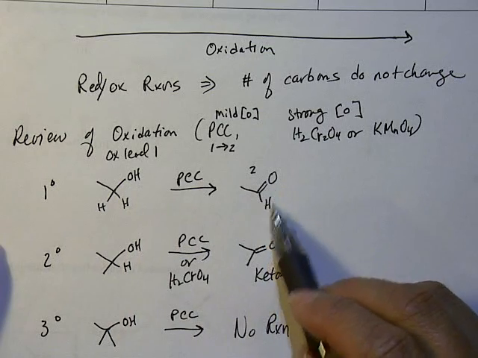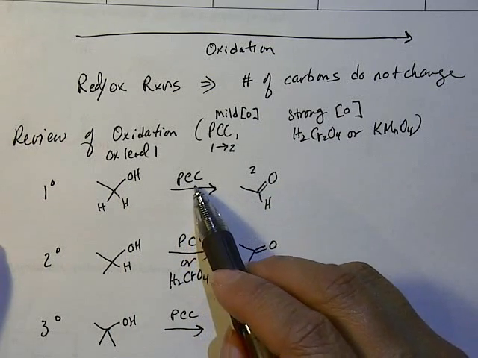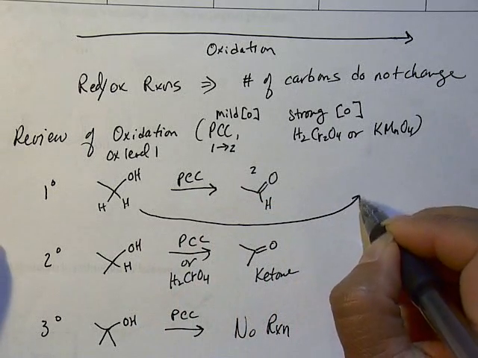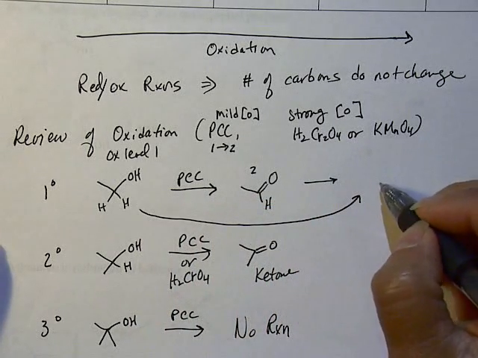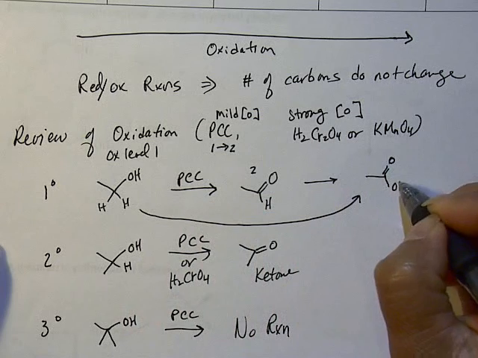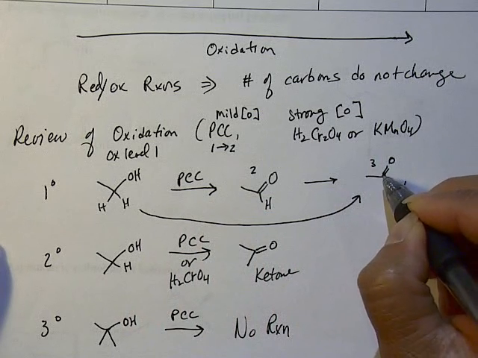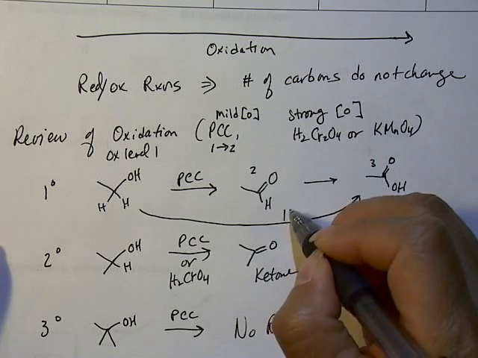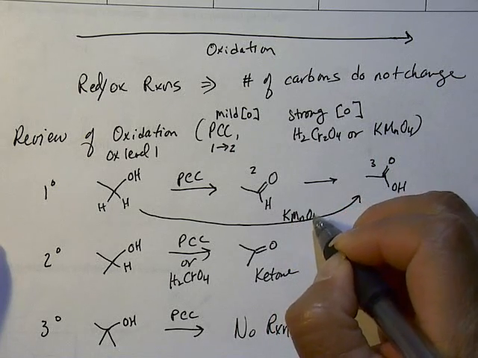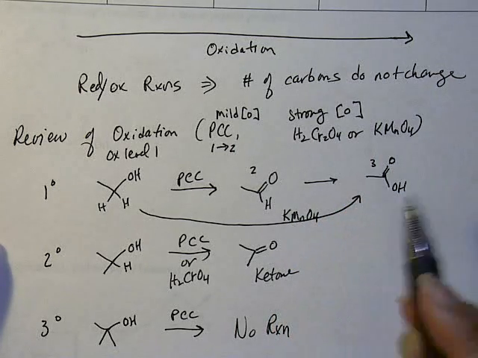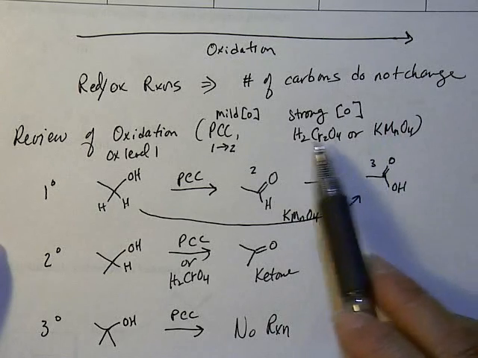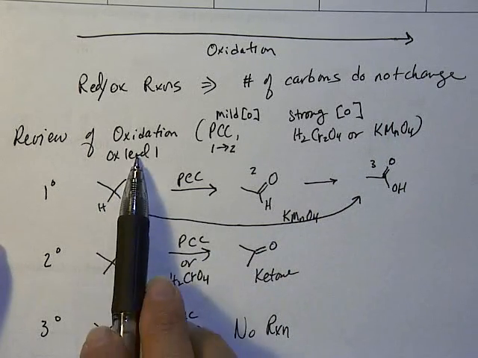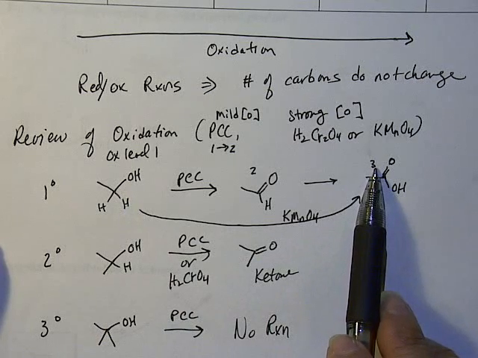So you remove the first one with the mild, but let's say you want to skip the aldehyde stage and go directly to oxidation level 3 at this carbon. Then you would have to use a strong oxidizing agent, either the KMnO4 or chromic acid, in order to go from primary, which is oxidation level 1, all the way to oxidation level 3.